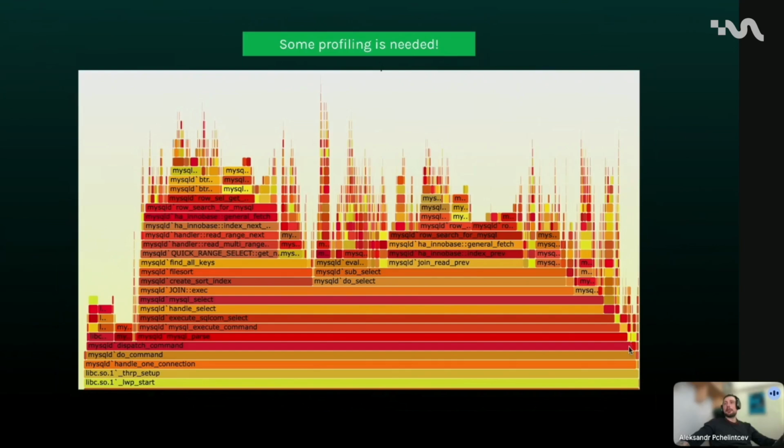You can see some of them are small, even invisible or very narrow, while some are very wide, and the wide ones are the ones we want to look at. The performance engineer's job is to make the bottom line bars as narrow as possible, meaning that the whole execution of the stack trace became cheaper and faster.